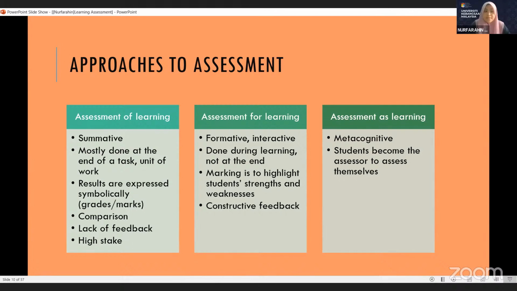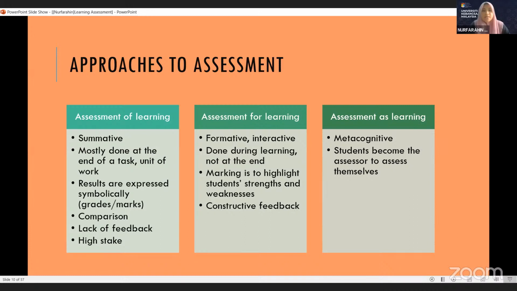Usually, examples of assessment of learning include a national standard assessment, where everyone will have the same exam papers. The students will answer the same questions, and it becomes sort of like an entrance exam to the university. So it's very high stake. It comes with pressure.